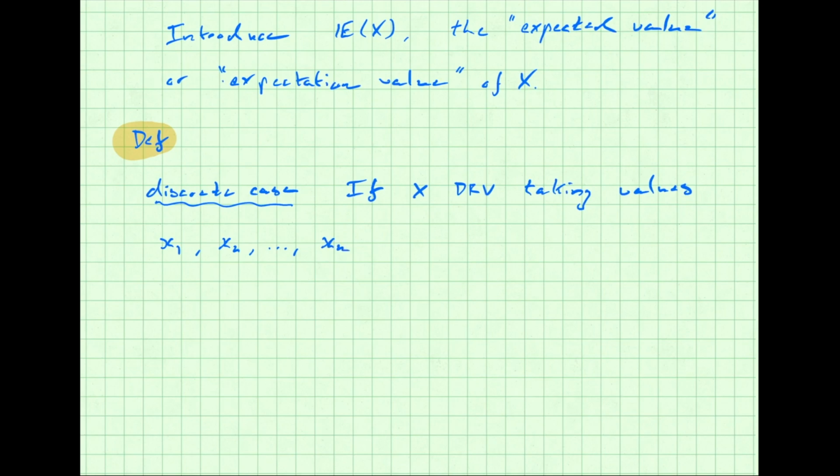But here we're saying xn, though it could be the case that n is infinite. So n equals infinity is okay. That's a possibility. And we'll suppose that it has a PMF, a probability mass function, that we know, and we'll call that f of x as usual.